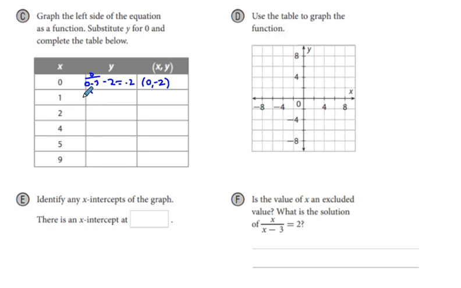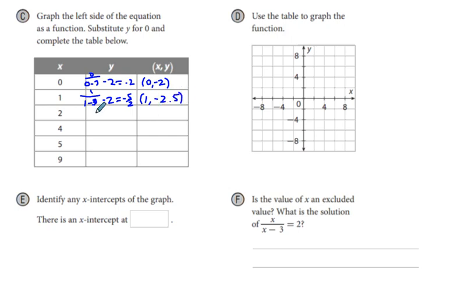So for the next one, for 1, we have 1 over 1 minus 3, minus 2. And that's going to be equal to 1 over negative 2, so that's negative 1/2, minus 2, which is negative 5/2. So that's going to be 1, comma, negative 2.5.